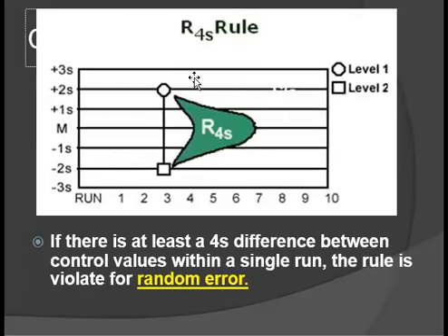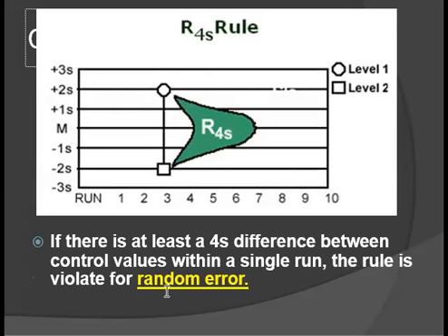Then we also have the R4S. For R4S, you should look for two data values whose difference is 4 SD. Okay? So that's R4S.